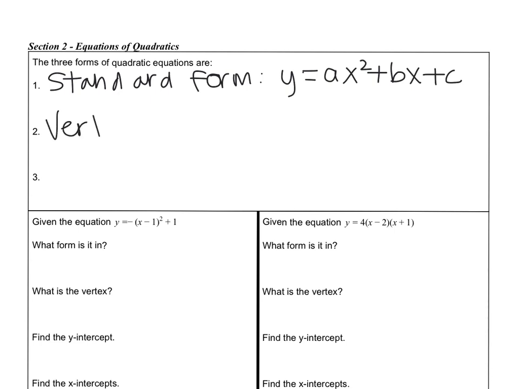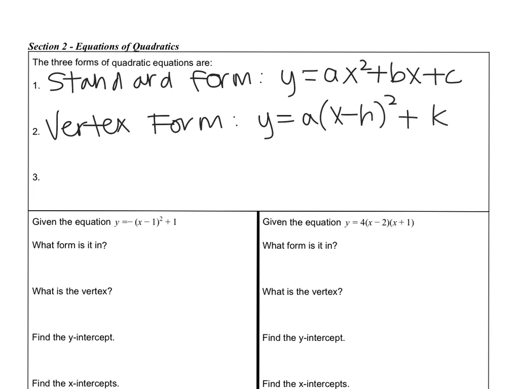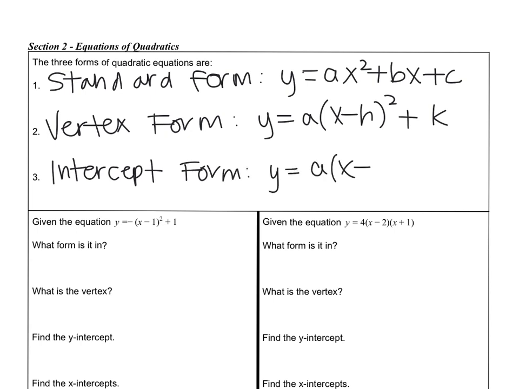We have vertex form, which is y equals a parentheses x minus h squared plus k. And then lastly, we have intercept form, y equals a x minus p x minus q. And each form tells us something different about the graph of a quadratic.